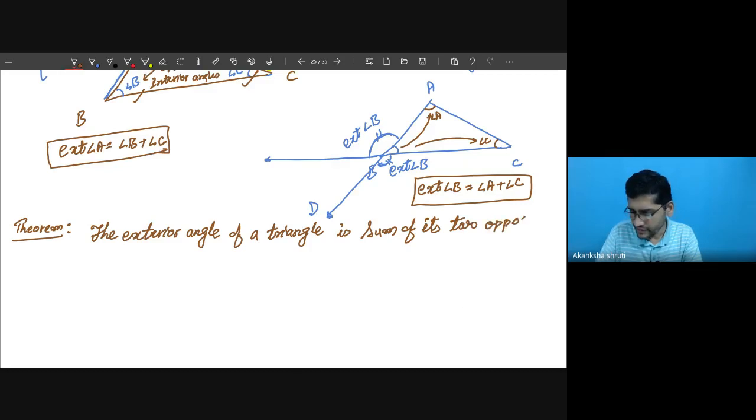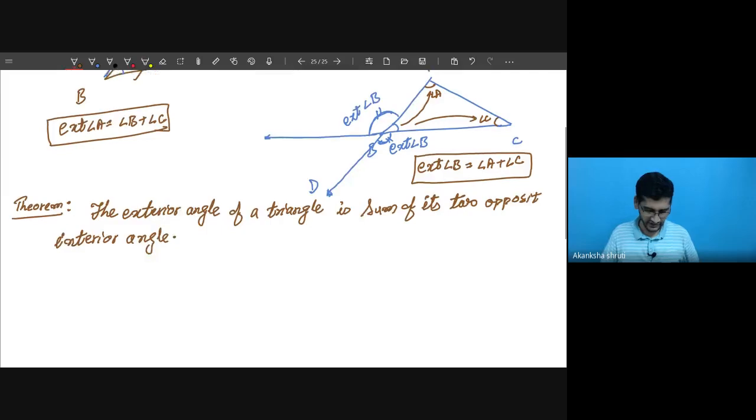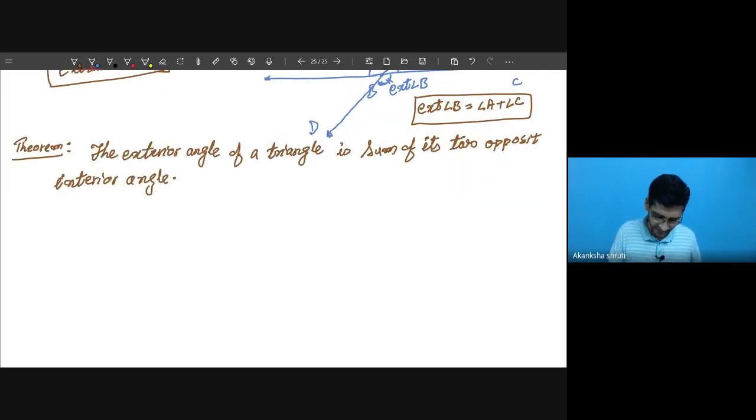These things are very important. So it is like this. So what does this theorem mean?